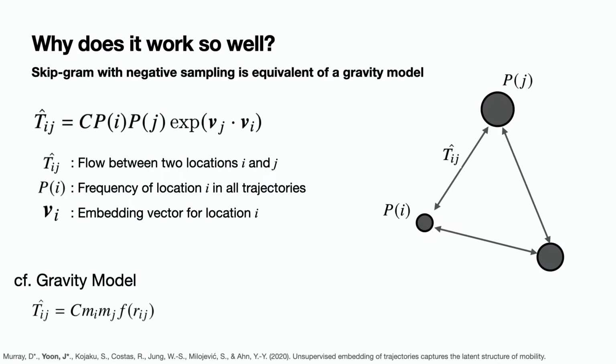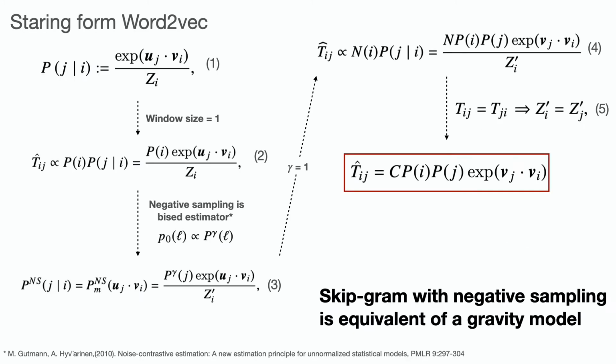The next question is, why does it work so well? We found the answer from the mathematical equivalence between the word2vec model and gravity models. Starting from the original conditional probability of word2vec, and considering that negative sampling is a biased estimator, we found that skip-gram word2vec with negative sampling is mathematically equivalent to the gravity model, and please check our preprint for the full derivations.